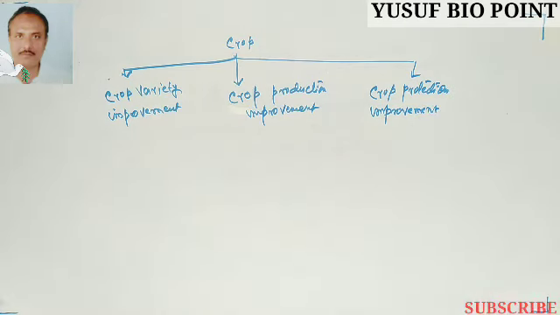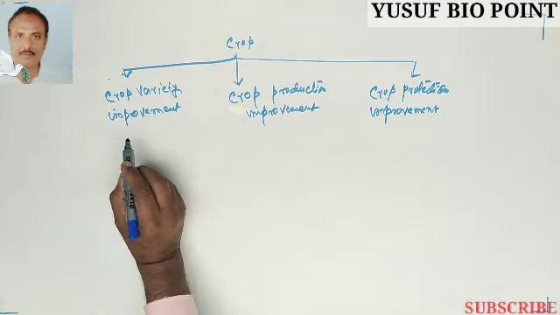So by these three types we can get good crops or good food yields.